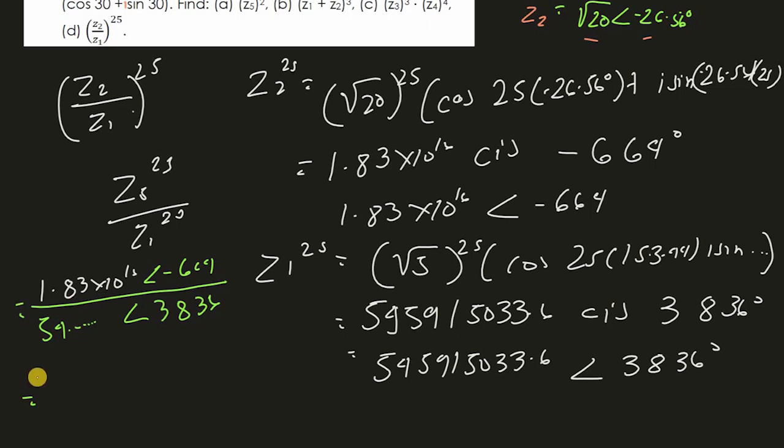At ang result niyan ay 3,521,700. Okay, approximately ganyan. Tapos ito namang mga angle natin, we will just need to subtract them. Subtract kasi we are in division. So, negative 664 minus 3836 is equals to negative 4,500 degrees.